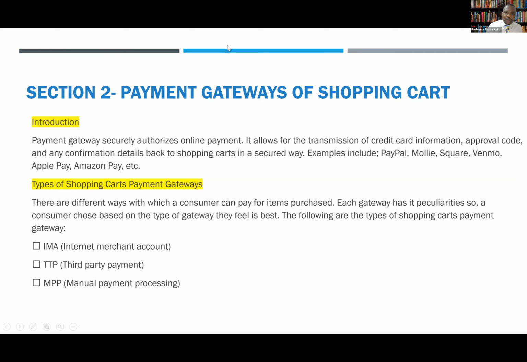Okay? So it's important that we understand that payment gateway allows for the transmission of sensitive information, which I call a credit card, your address, your PIN, over an authenticated line or gateway or merchant processor, either through IMA, TTP, or MPP.